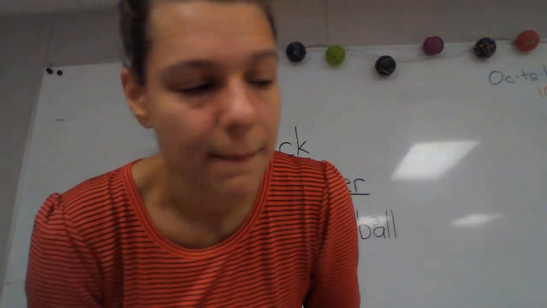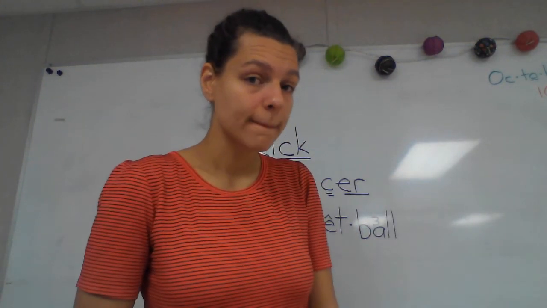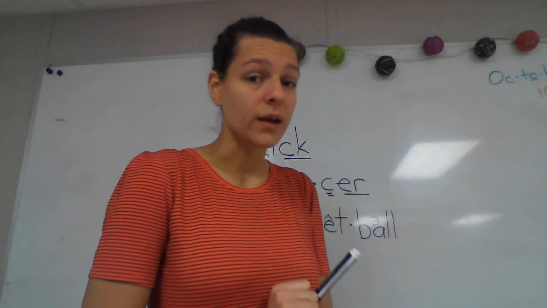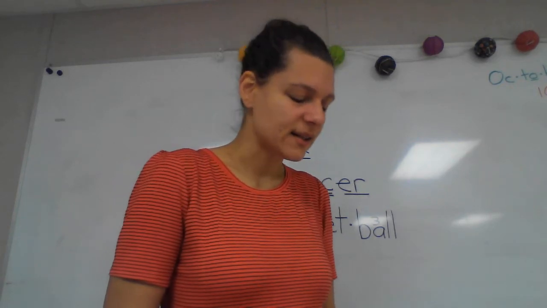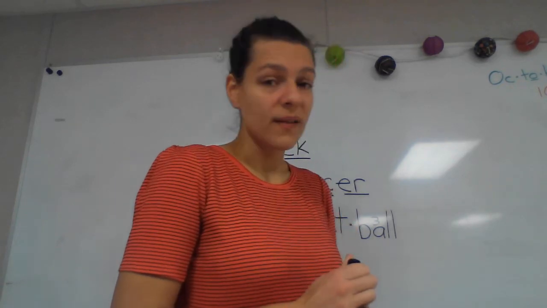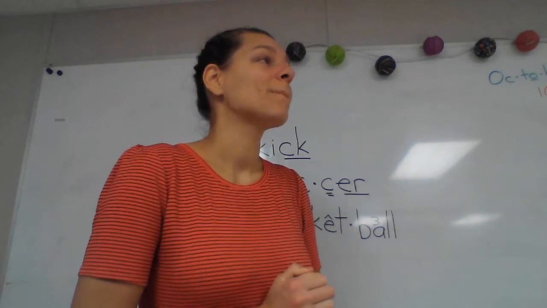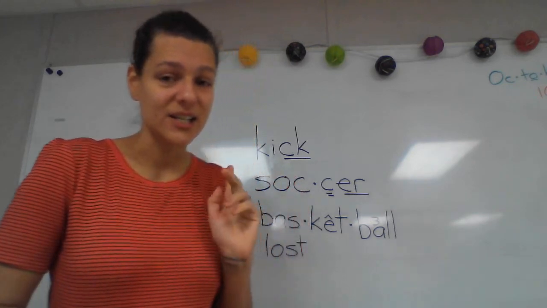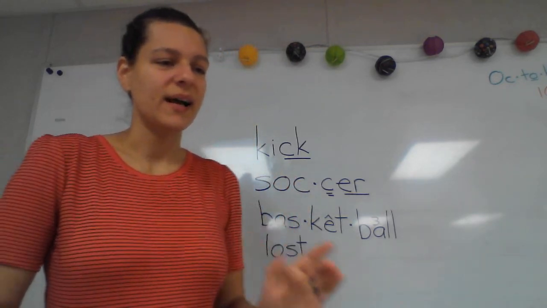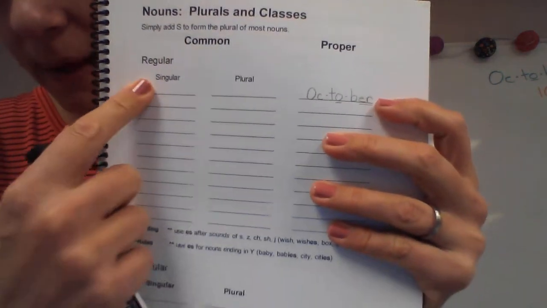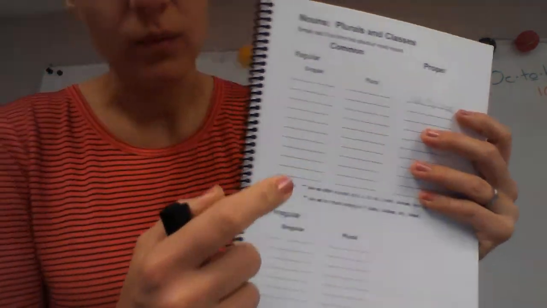Good, rules. And which oo do we use in rule and rules? Good, u, oo, excellent. And what lets our u say oo? Great, silent final E, job 1. So go ahead and write the singular column. We're going to write rule, and plural is rules.